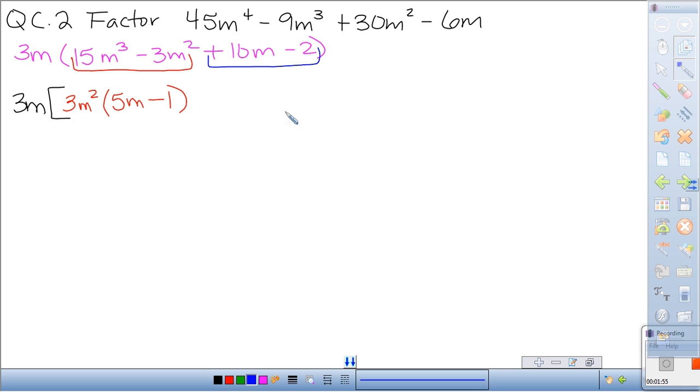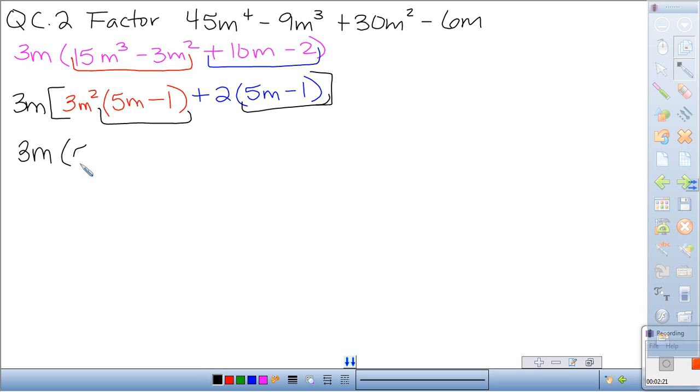And then our second group has a GCF of 2. I'm going to pull out a 2, so plus 2 times 5m would give me 10m, and then 2 times negative 1 would give me the negative 2. Now let's rewrite this inside part so I still have my 3m times, and we're going to pull out the 5m minus 1.